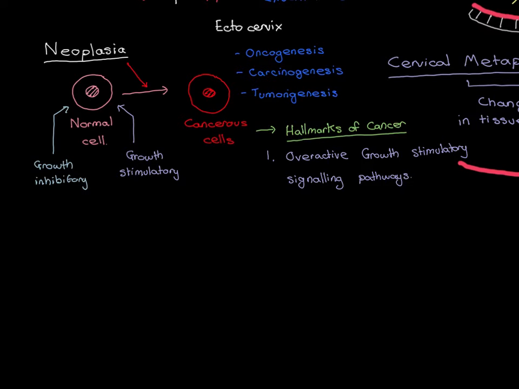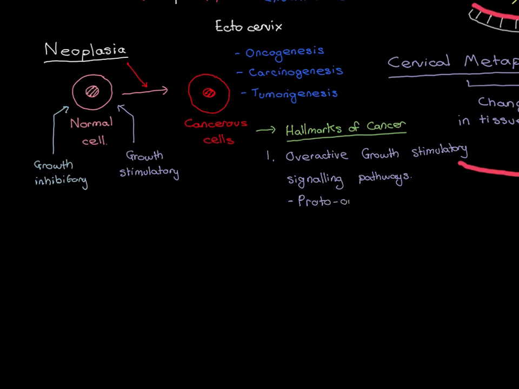In these growth stimulatory signaling pathways inside cells, there are loads of proteins that are involved in those growth stimulatory pathways. And if you've ever studied the RAS, RAF, MEK, ERK pathway, you've seen these proteins, and also the PI3 kinase AKT mTOR pathway. That's another major growth stimulatory signaling pathway. All of those molecules in those intracellular signaling pathways, they're proteins. And those proteins have a name because they are involved in growth stimulatory pathways. They're often called proto-oncogenes.